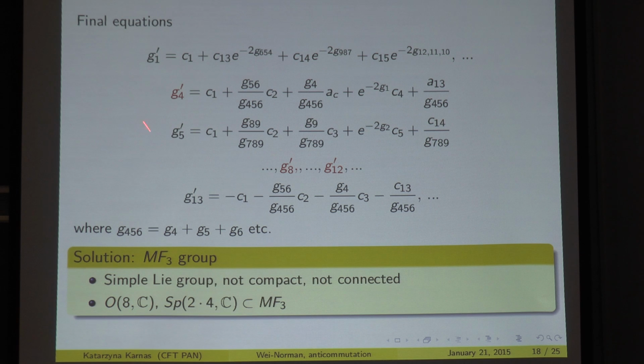And this is the solution obtained using the Wei-Norman method. Maybe it's difficult to notice, but the equation is simpler than the one obtained for Dirac fermions.